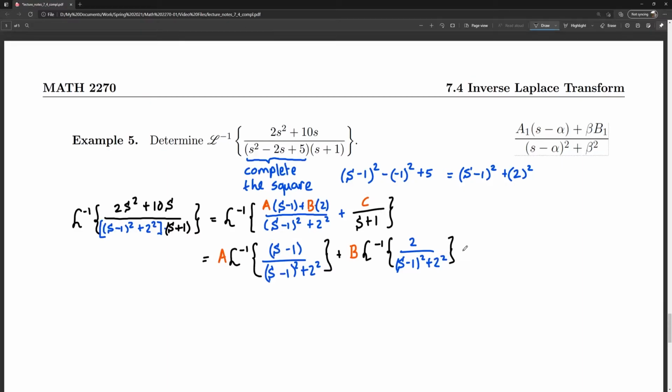And then finally, I have plus c times the Laplace inverse of one over s plus 1.